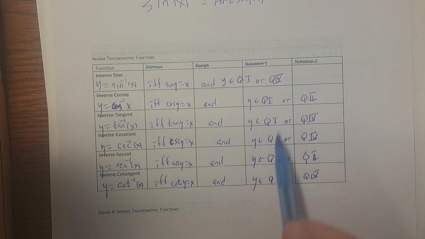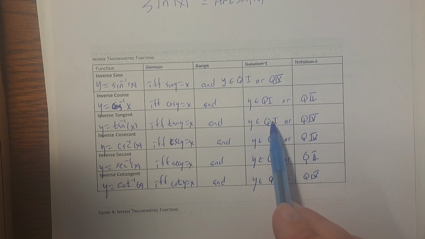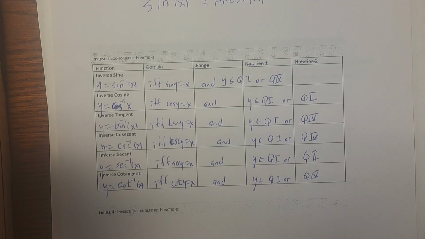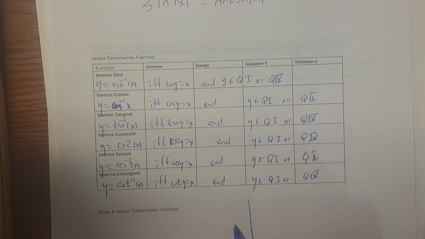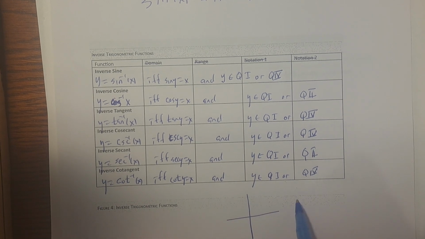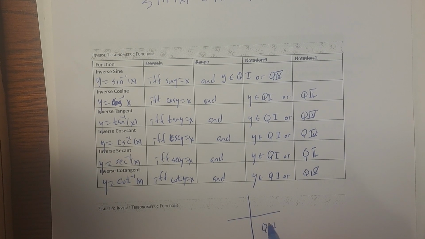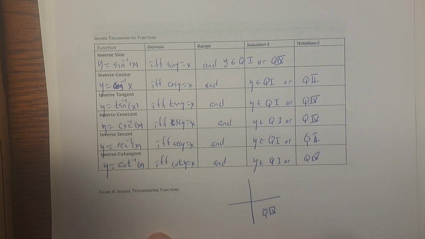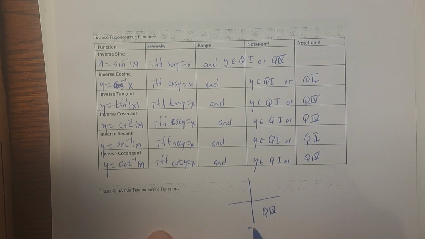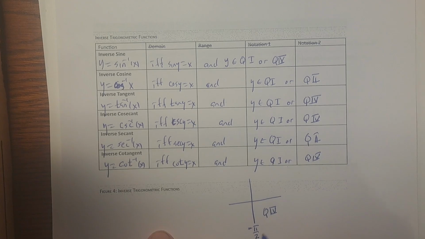To explain a little about these quadrants that I'm talking about. Specifically, for quadrant 4, the numbers have to lie between minus pi over 2 and 0.